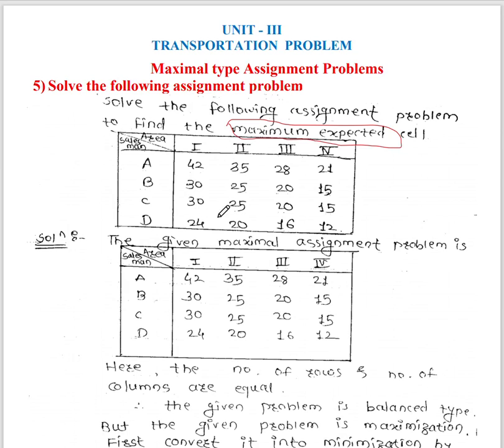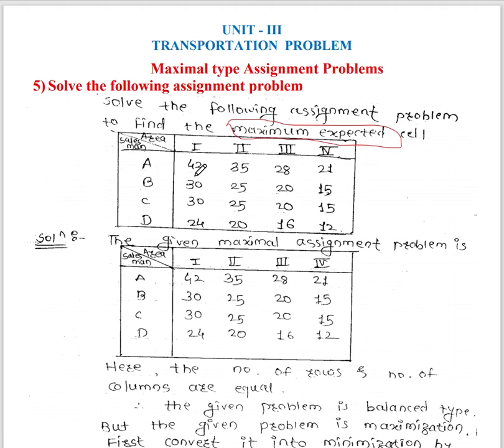The table is given as: this is the salesman group A, B, C, D, and these are the areas where the salesmen sell their product. Area number 1, 2, 3, 4. So these are the values 42, 35, 28, 21, 30, 30, 25, 20, 15, 30, 25, 20, and so on. So this is a problem of the maximum type.